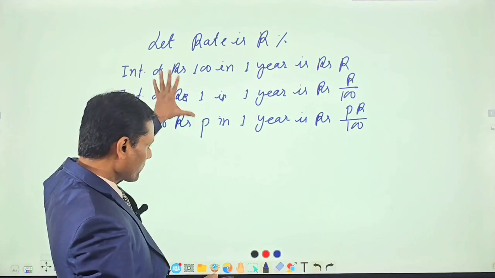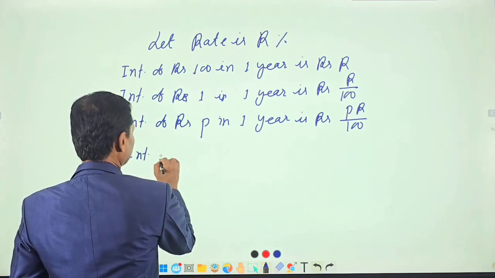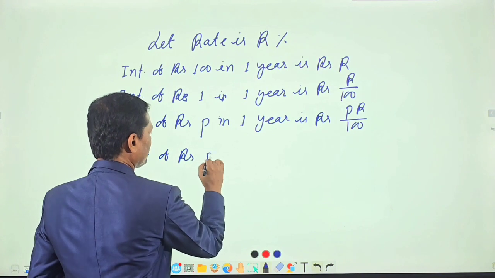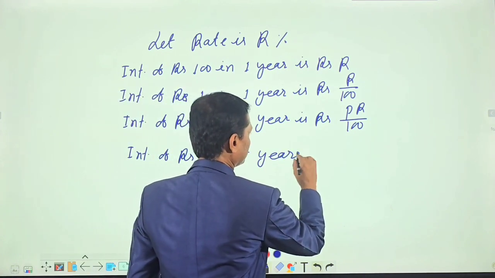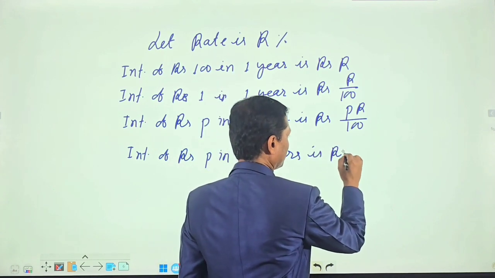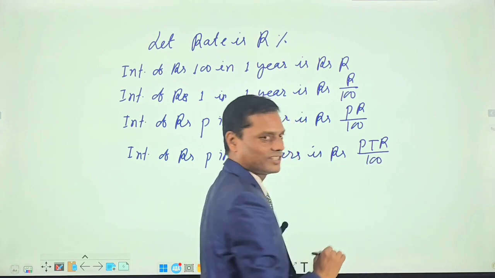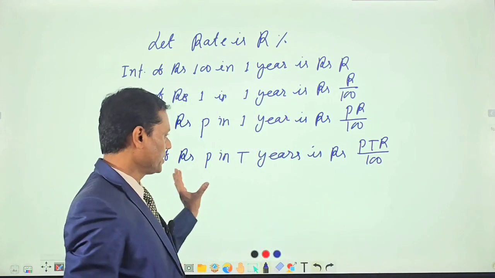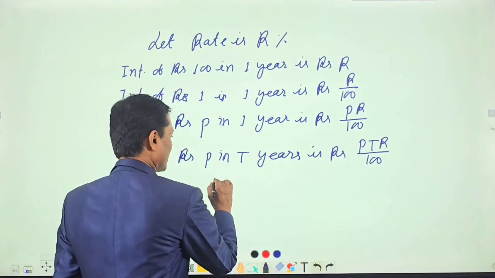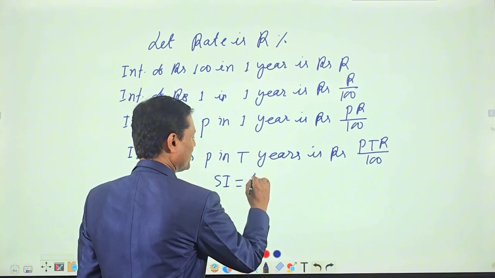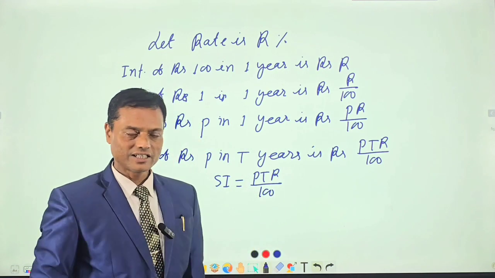And after that, there's 1 year. So if I write here, the interest of rupees P in T years is rupees PTR over 100, isn't it? So it's the interest of rupees P, that's the principal, in T years. So this is our simple interest, isn't it? So I can write here simple interest equals PTR over 100. That's clear? That's simple interest.